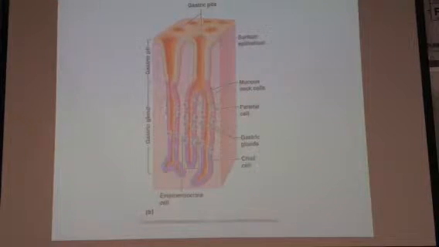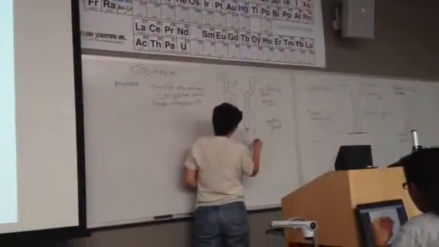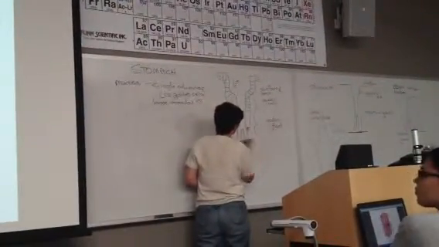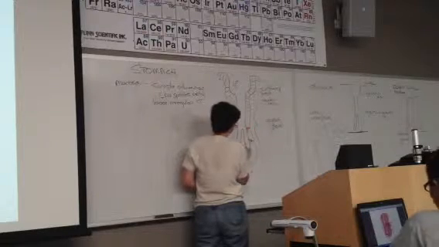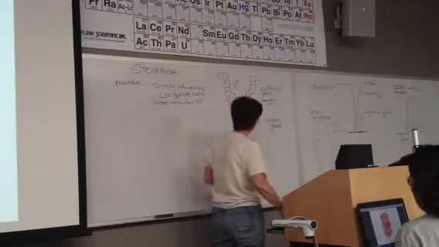Because of the acid, they have a pink color to them. They're much more eosinophilic, or pink, than other cells, and they're easy to pick out. So these would be parietal cells.